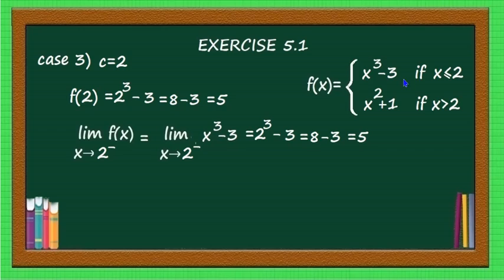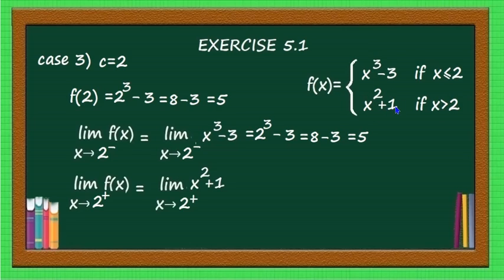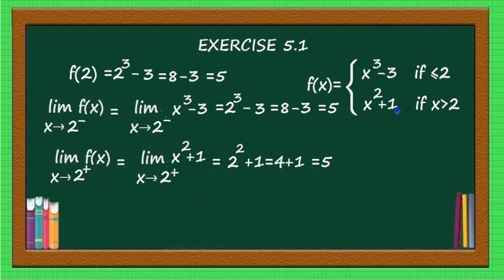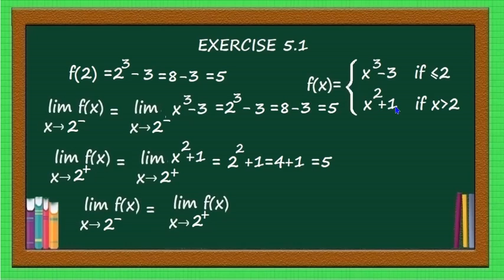And you find the limit as x tends to 2 plus of f of x. And when it is 2 plus, how is the function defined? It is greater than 2. The function is defined as x square plus 1. And that's equal to the limit as x tends to 2 plus of x square plus 1. That's equal to 2 square plus 1, that's equal to 4 plus 1, and which is also equal to 5. Here you can observe the limit as x tends to 2 minus of f of x is equal to the limit as x tends to 2 plus of f of x is equal to f of 2.